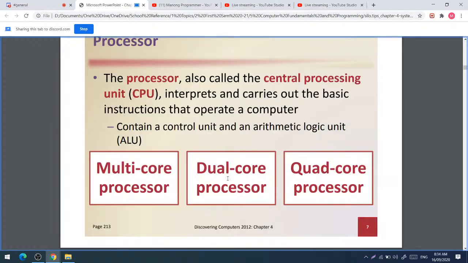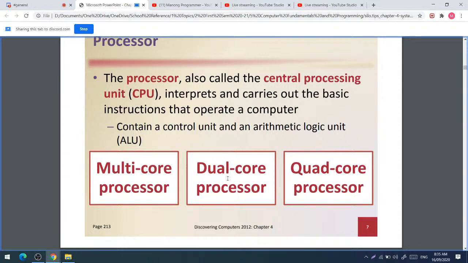Okay, so let's start with the processor. Processor, microprocessor, CPU, central processing unit, these are the term for the processor. Pag sinabi kasi nating microprocessor, this is the term that refers to the processor of a desktop or a laptop computer. So, it also called the CPU or central processing unit.